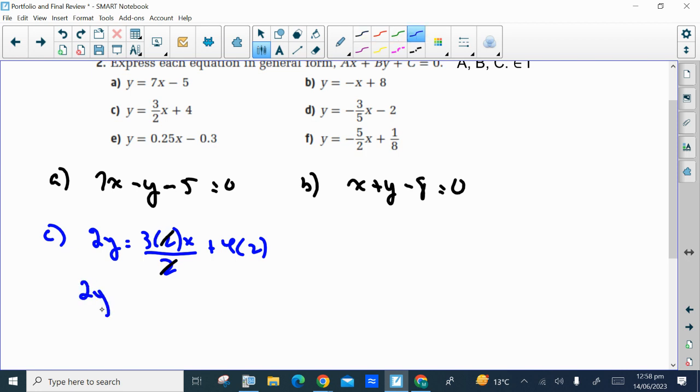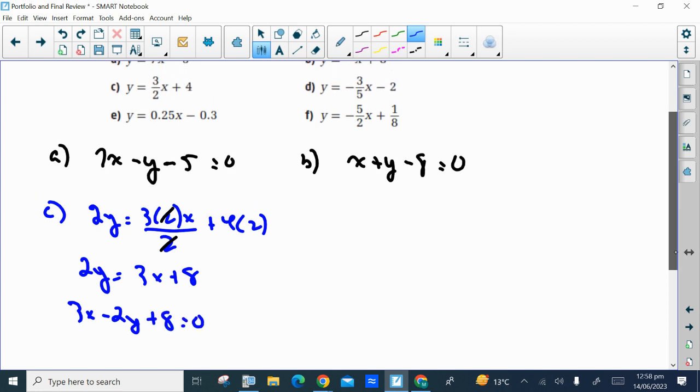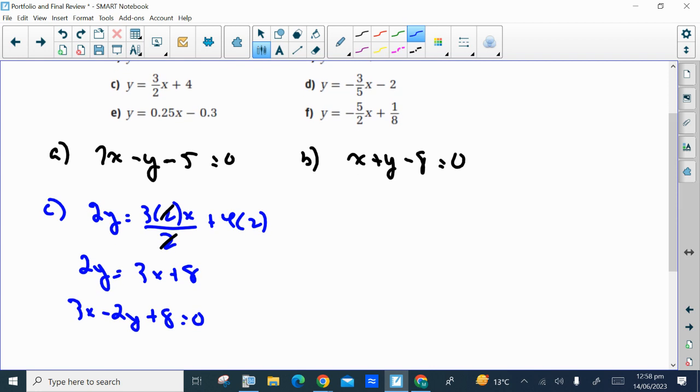And you have 2y equals 3x plus 8. Then you just need to bring the 2y over. It'll be 3x minus 2y plus 8 equals 0. Now it's in general form. Okay. Question D has one denominator of 5, so you're going to multiply everything by 5.